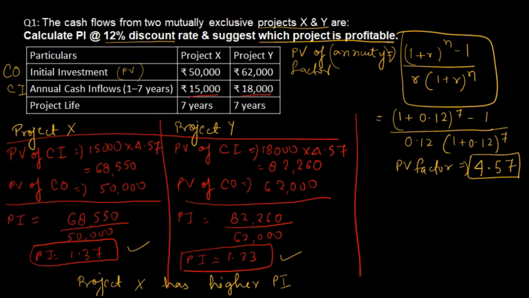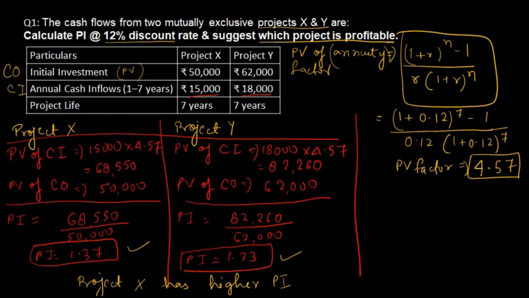If you get any project with a PI less than 1, then definitely reject it. No matter whether 2, 3, 4, or 5 investment proposals are given, if in any project the PI is less than 1, then definitely reject it, because cash inflows cannot be less than the outflows, right?